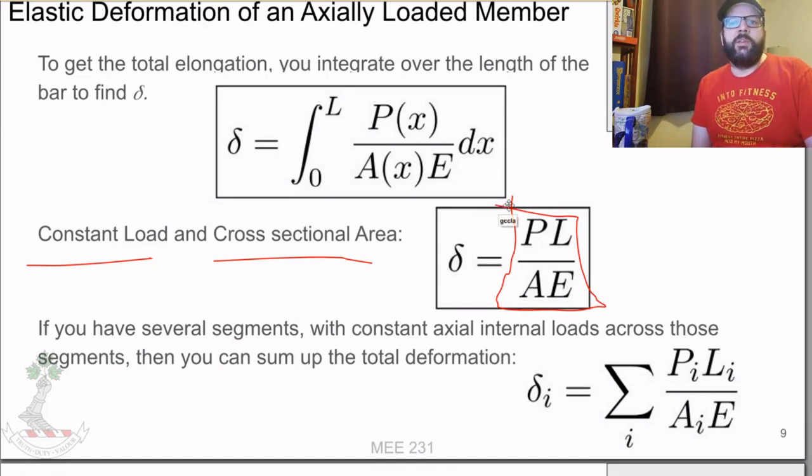And again, you may have distributed loads that could be changing your P. You could have a varying cross-section that changes your A. Oftentimes, you don't necessarily have distributed loads, but you have certain point loads that will allow you to break your bar up into several segments with either different axial loads or different cross sections, or perhaps both.